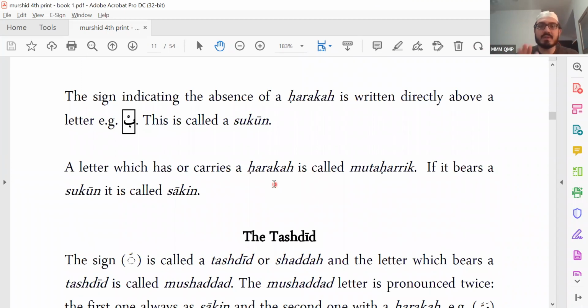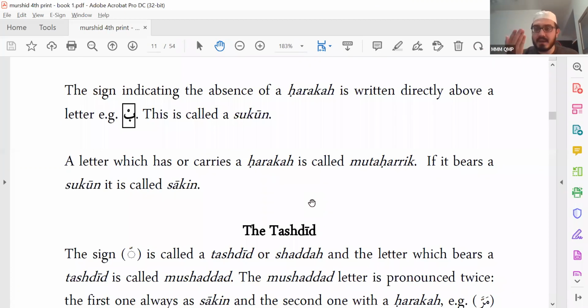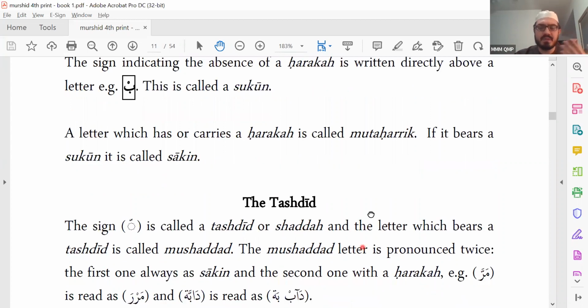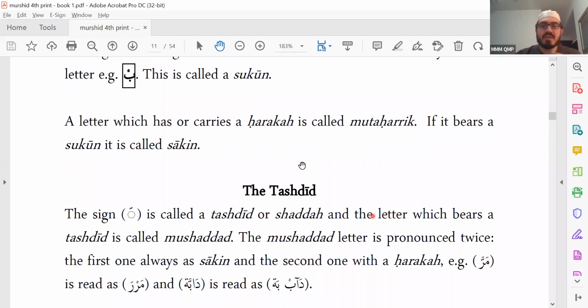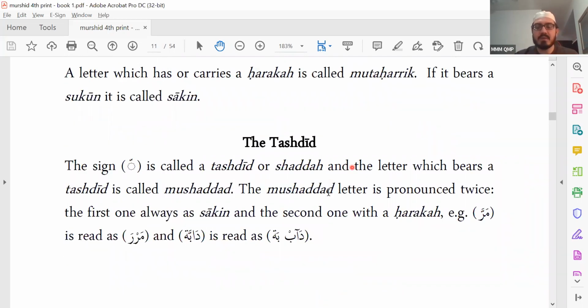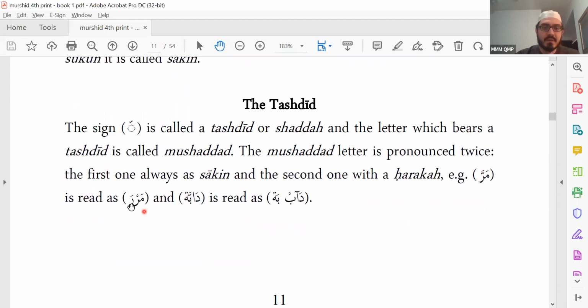And if it has sukun, it's called sakin, okay? So if a letter has a haraka, it's called mutaharrik. And if it has a sukun, it's called sakin. Now, these terms, maybe we're going to be referring to them later on, so it's good to know them. The shadda or tashdid is when you double the letter. So for example, look here, marra, okay?